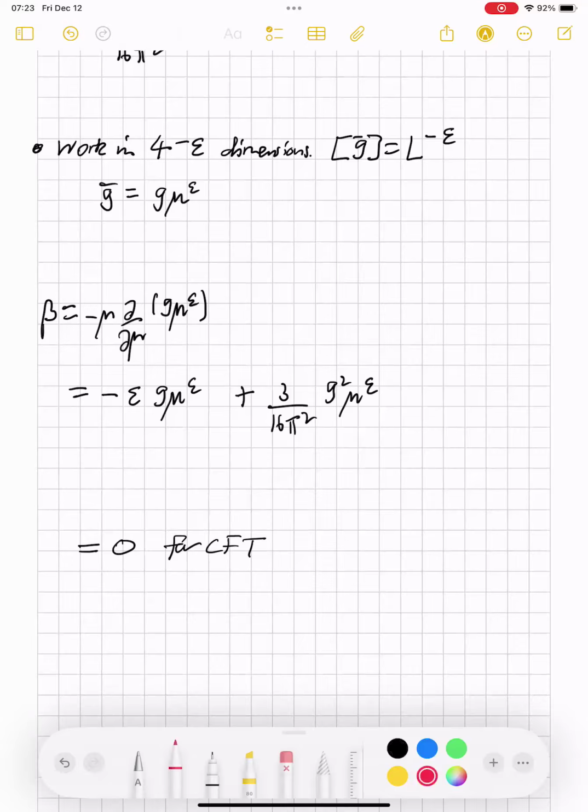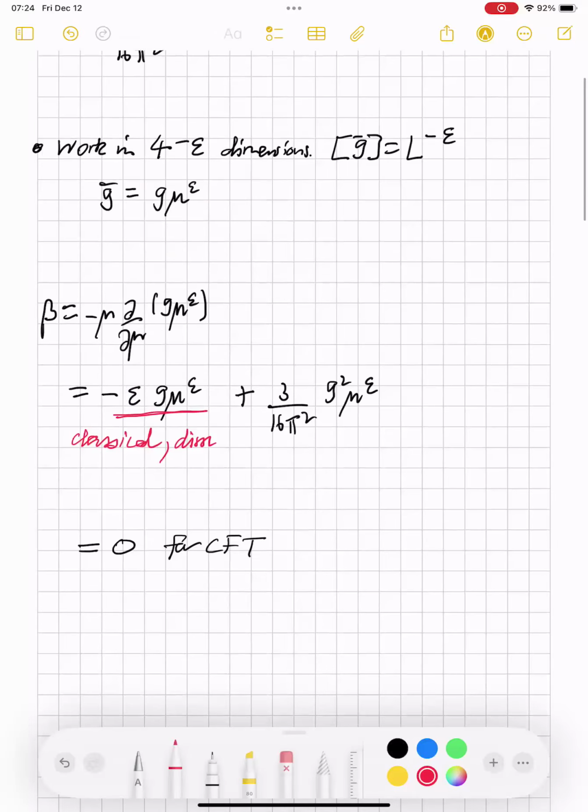Now, this first piece over here, this first contribution to beta, this is classical. It comes from a classical scaling. So we've just looked at how things scale in 4 minus epsilon dimensions. Remember, this came just from dimensional analysis. And the final thing that I want to mention is that this is exact.